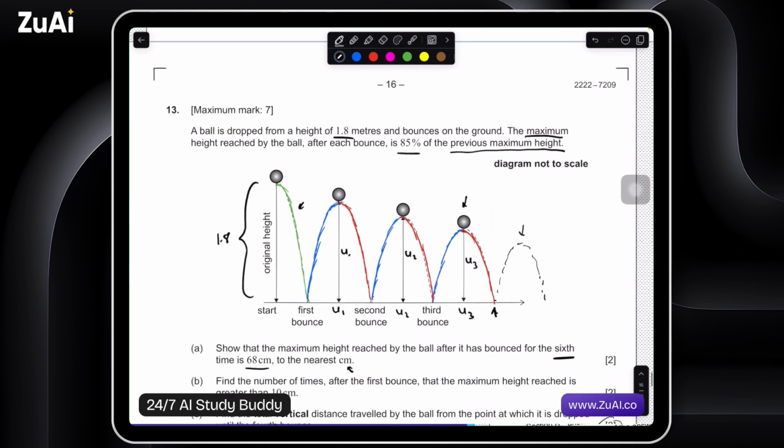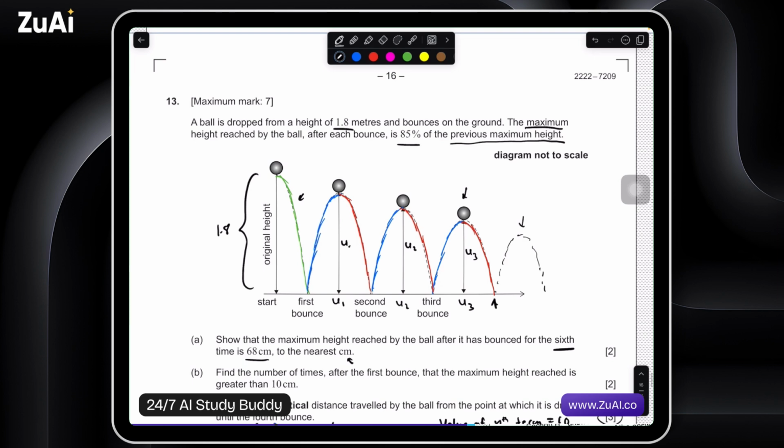Just looking back here for a conceptual idea, this initial drop height was 1.8, and then the sum of the heights of each of these is 3.94. But really, that's just the vertical height on the way up. So that is equal to 3.94, and then on the way down it's also another 3.94.